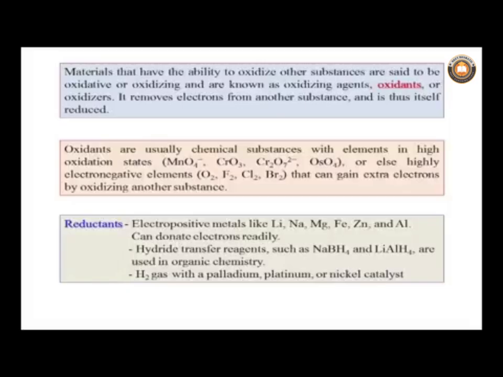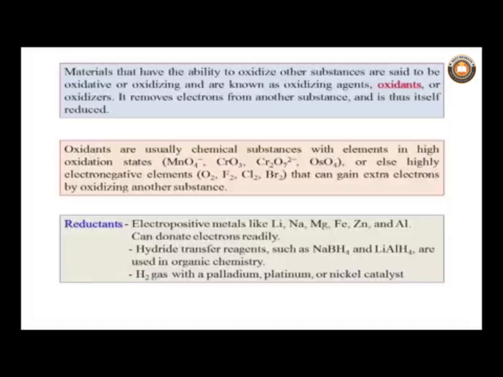So, electronegativity tells us that these can easily accept electrons, and they are good oxidants because they are easily reduced. The opposite of these oxidants are the reductants.